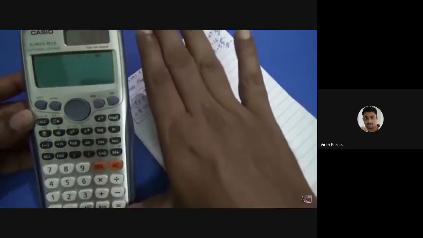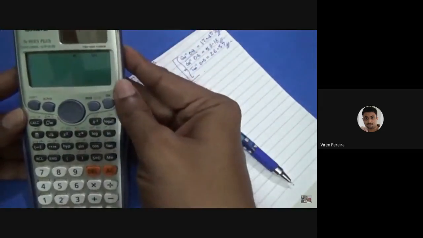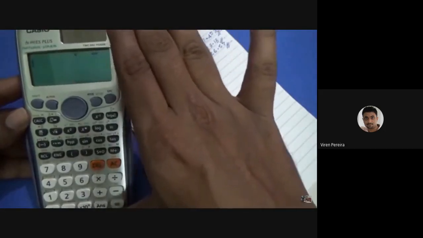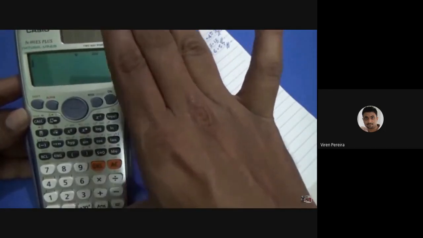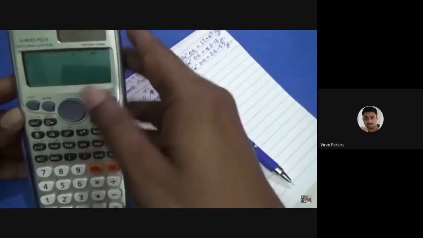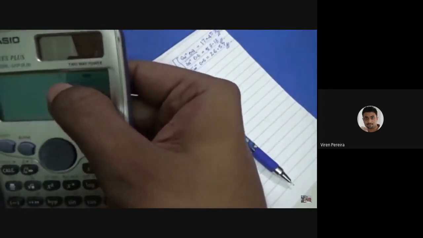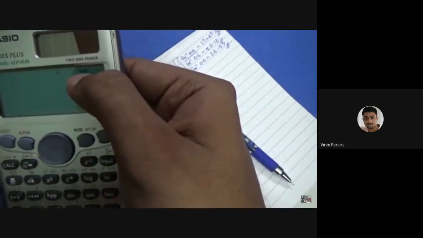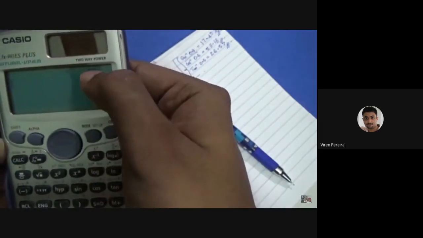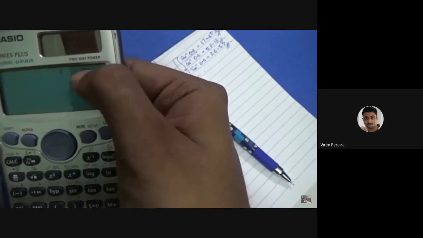Now it is reset and my calculator is in its default state, and the settings resemble the setup when you initially bought this calculator. Now you see you have a degree and you have a mathematical. Degree mode should always be there, which I wanted, but what I have got additional is the mathematical mode.